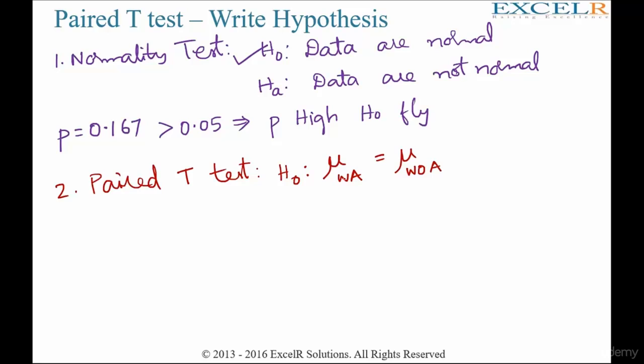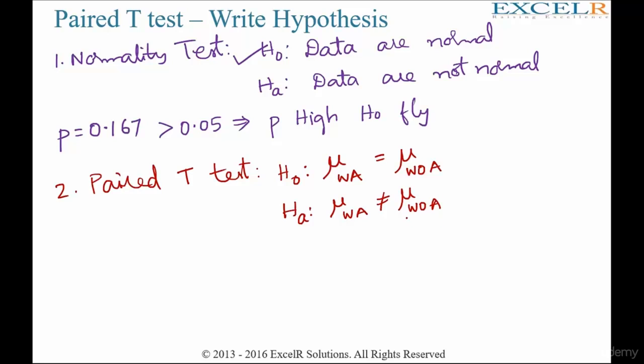Average mileage with additive is equivalent to average mileage without additive. Now, we need to write down alternate hypothesis also. So mileage is the same for with and without additive. And the next thing is, of course, if this is equal to, the other one would be not equal to. Average mileage with additive, is it not equal to average mileage without additive?